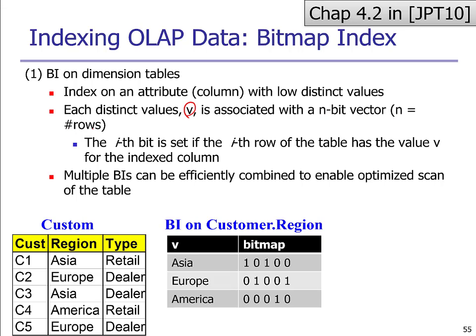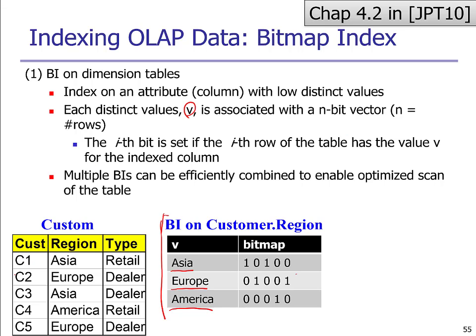Okay, now for each distinct value v, we associate it with an n-bit vector, where n is the number of rows. For example, in this table, for each distinct value v, which is Asia, Europe, and America, we have a bitmap, where each vector is an n-bit vector, where n is the number of rows.